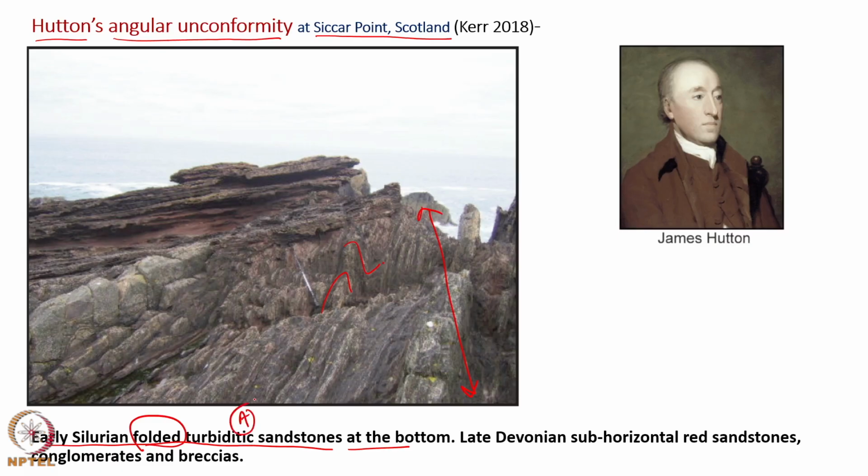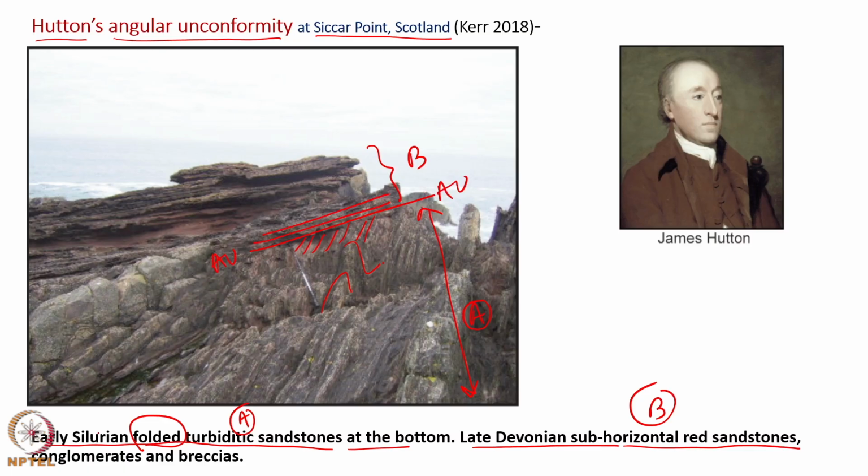If I call it A is here, and then the late Devonian subhorizontal red sandstones. This is the unit B. So, below unit B, the lithologies are making an angle, and above this angular unconformity which is tilted, the lithologies are parallel.